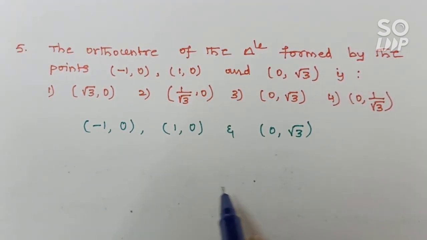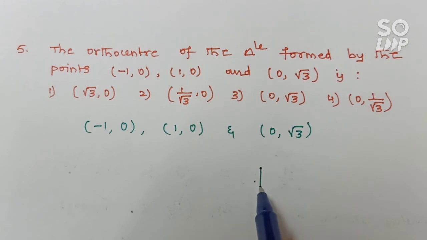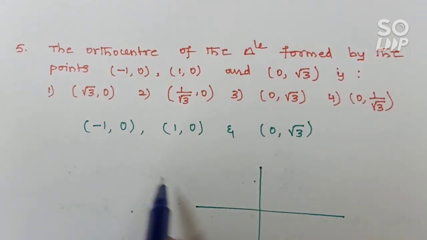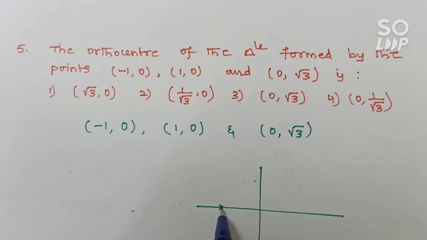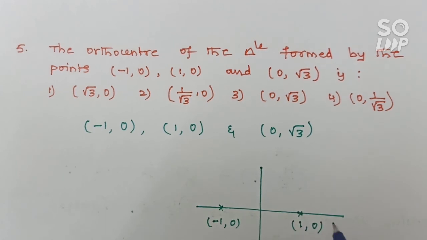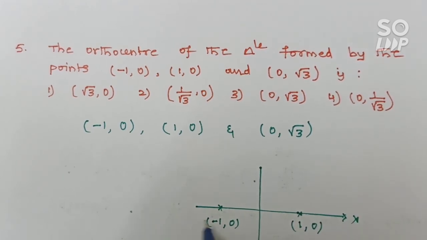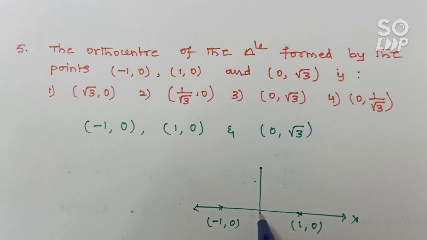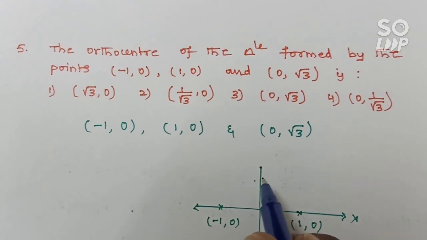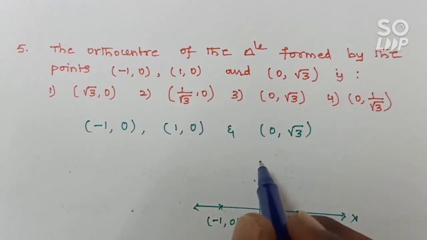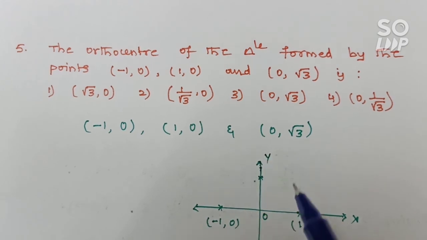Here you can very clearly see that minus 1 comma 0 lies on the x-axis on the left-hand side, and 1 comma 0 also lies on the x-axis on the right side. 0 comma root 3 lies on the y-axis.